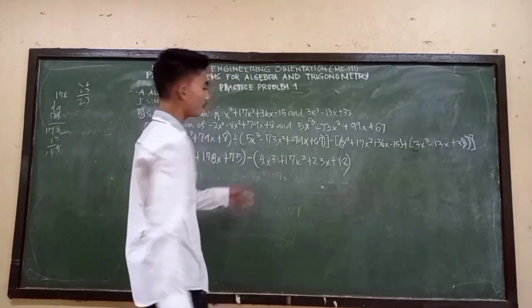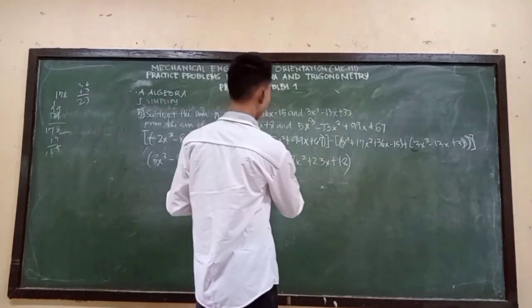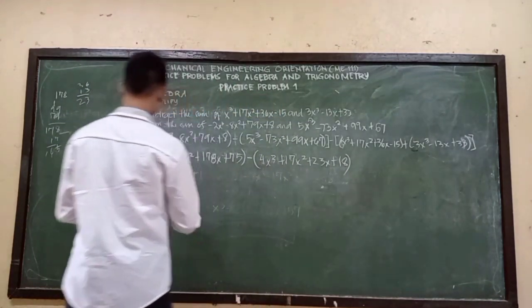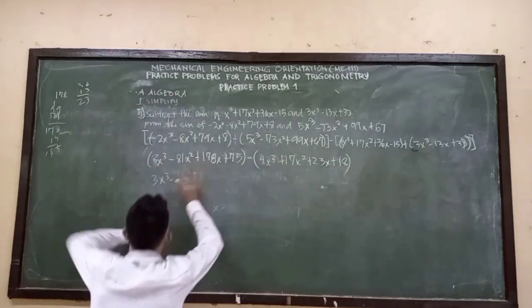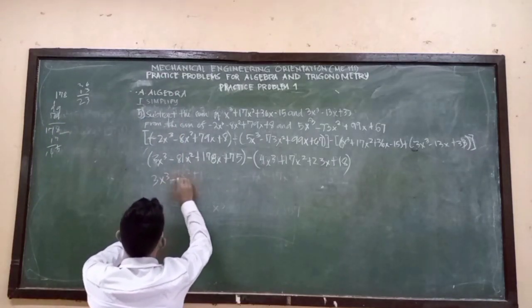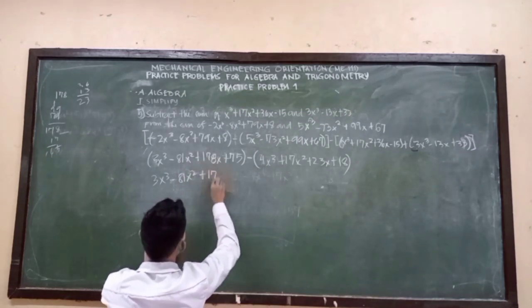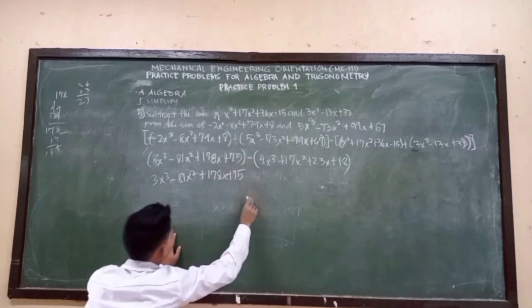Because there is a negative sign before the parentheses, of course, all the signs inside the parentheses will be changed. Each will be its opposite. So we will copy 3x cubed minus 81x squared plus 178x plus 75.